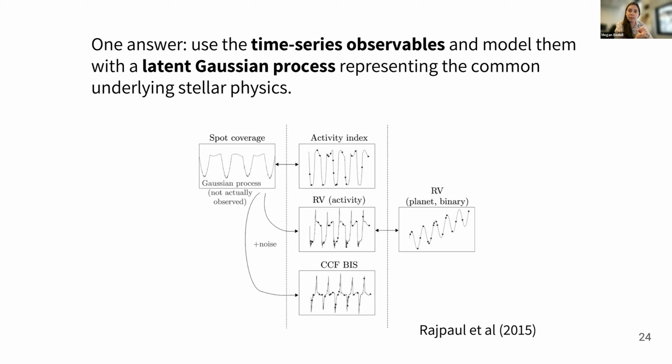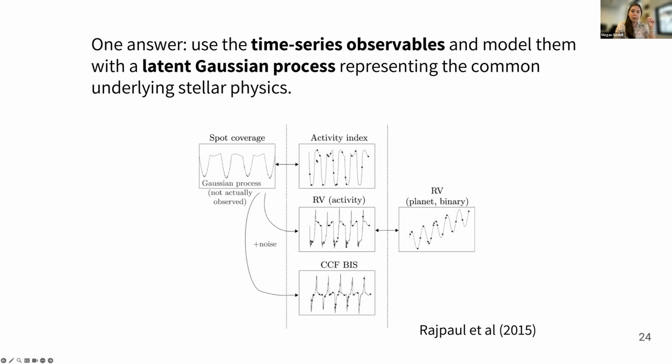This is a really excellent framework that was introduced in Vinesh Rajpaul's 2015 paper, where he lays out the math for assuming that there's an underlying stochastic activity process in observing an active star. You can represent it by a Gaussian process. And while that Gaussian process isn't directly observed itself, it remains latent.